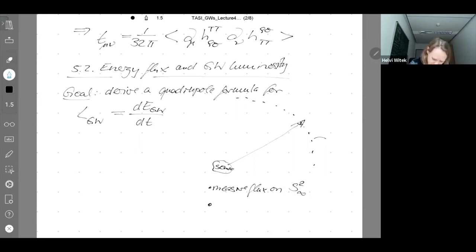We also introduce a normal vector n^mu, which in this drawing, if we say this is our radial direction, would point this way, and in adapted coordinates would be aligned with the radial direction. So this is a unit, space-like unit normal vector.